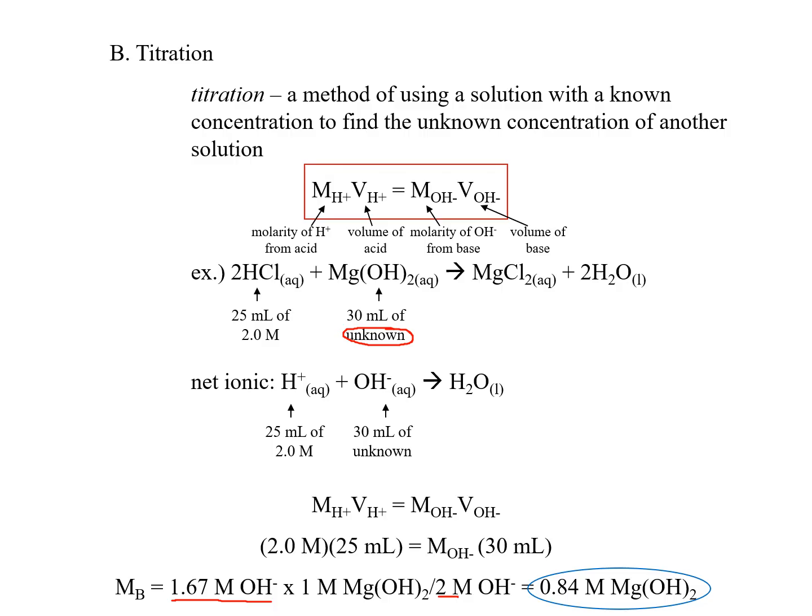Okay? So again, a titration problem is relatively simple because we're simply using the MV equals MV equation. We know that if we have so much acid, we have to take so much base to react it together. Now let me give you a little preview of how a titration actually works in the lab.